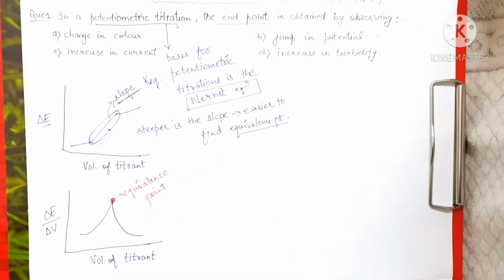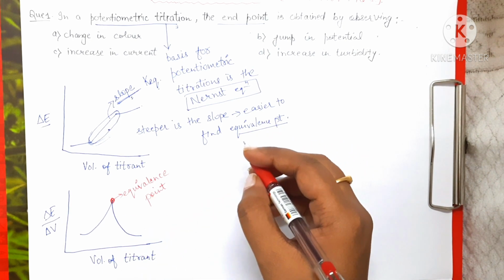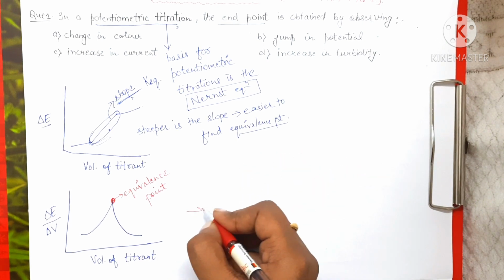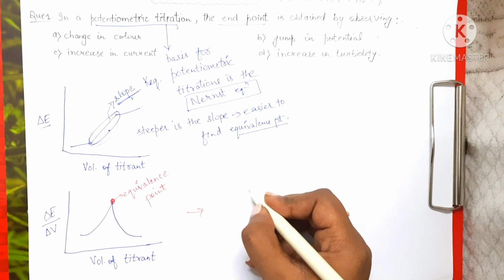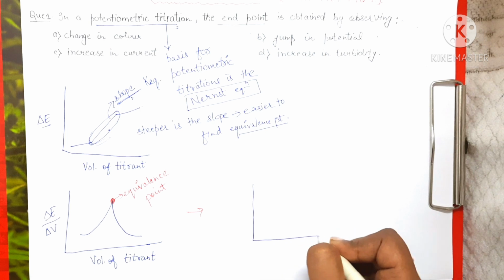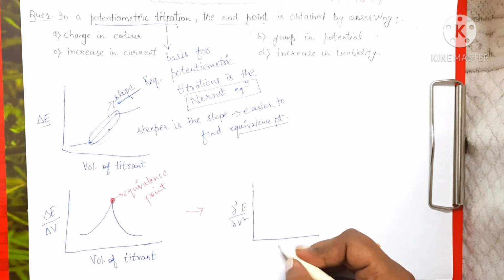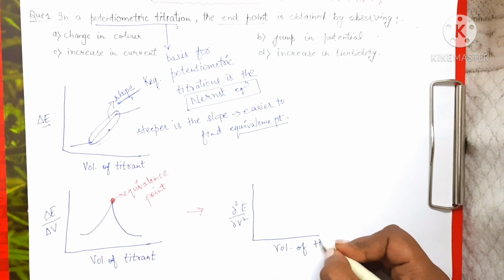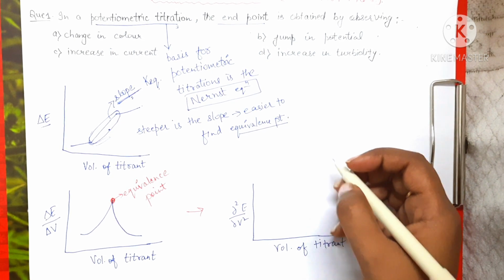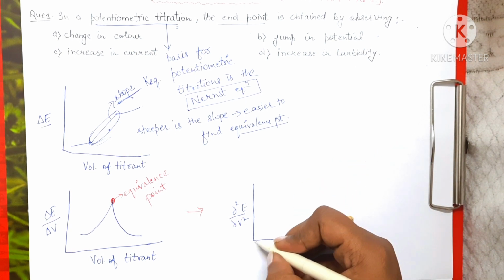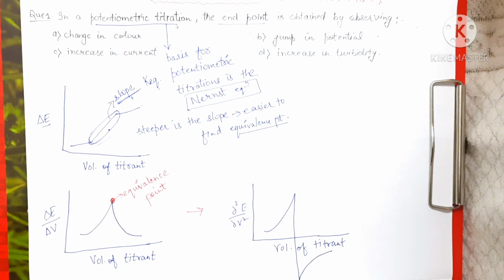Now suppose using this graph also, we are not able to find out the equivalence point of that titration with accuracy, then what we are going to do is we'll take another derivative of this EMF versus volume of titrant, and then we are going to get a graph which will be like this, okay?